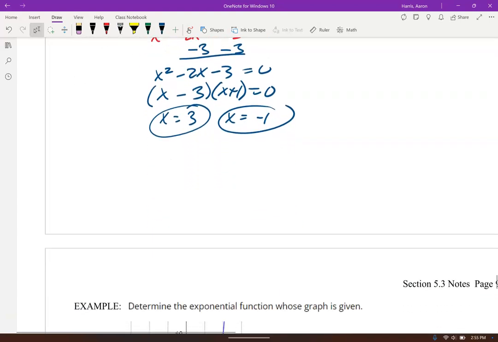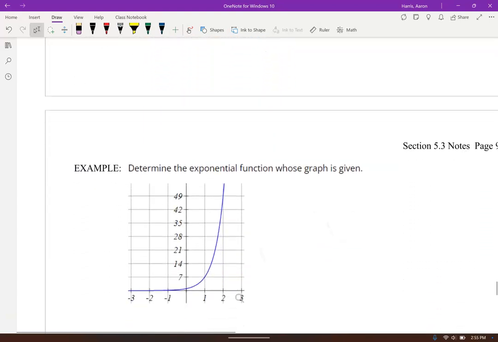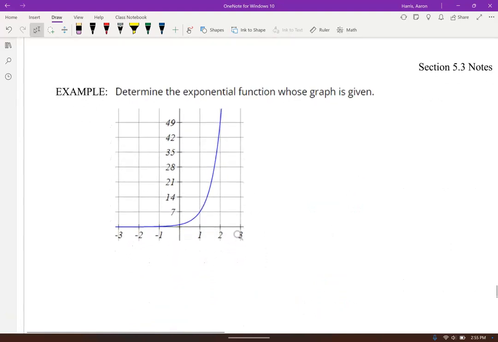Now, how about this one here? How about if we determine the exponential function whose graph is given? An exponential function is anything of this form, a to the x, right? And notice we have this point 1, 7. It hits that 1, 7.